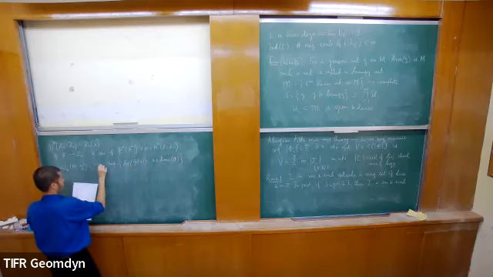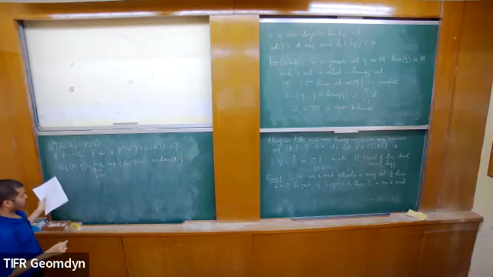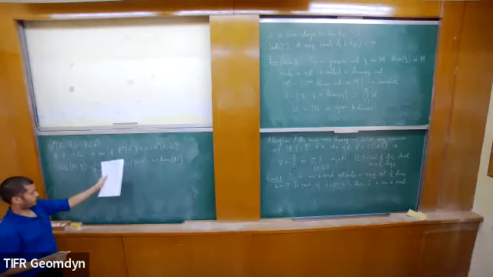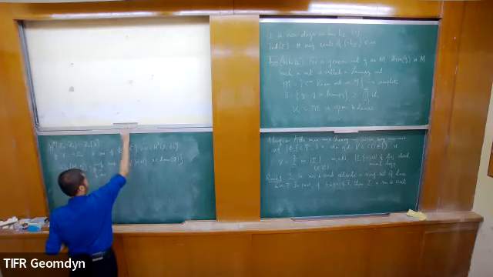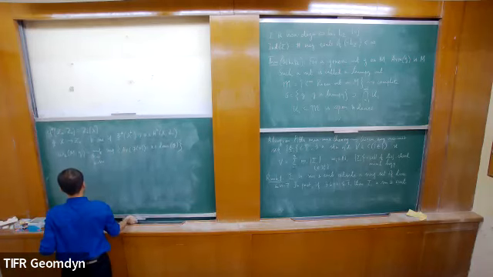So omega_k is the min-max number corresponding to the cohomology class lambda to the power k. Okay, so with this definition, I can state the main theorems.